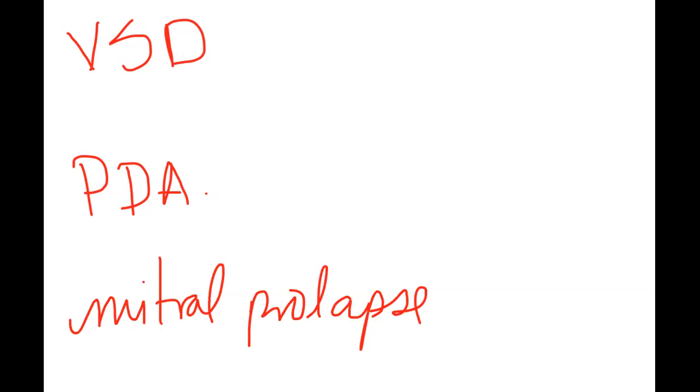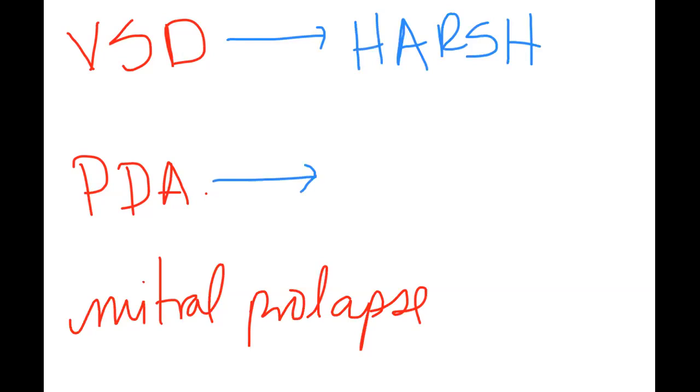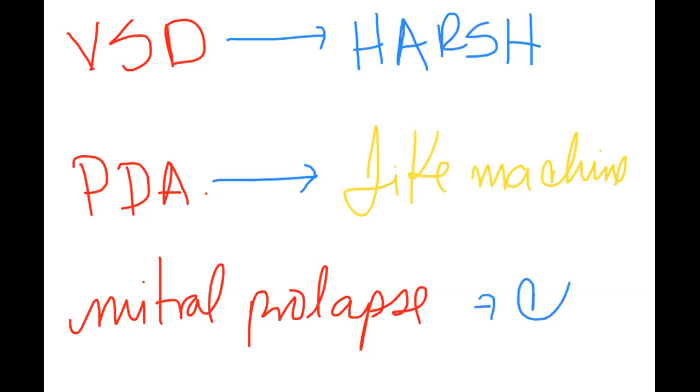The ventricular septal defect, or VSD, is going to give us a kind of murmur that we call harsh. The PDA is going to give us a murmur that we call machine-like. And mitral prolapse is going to give us a click.